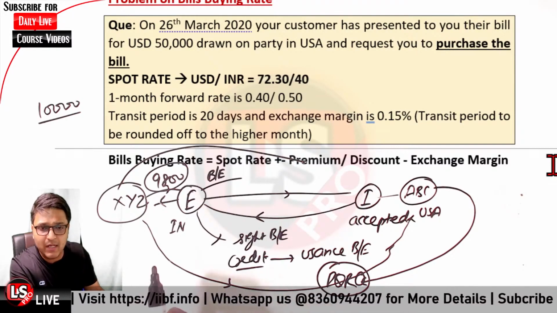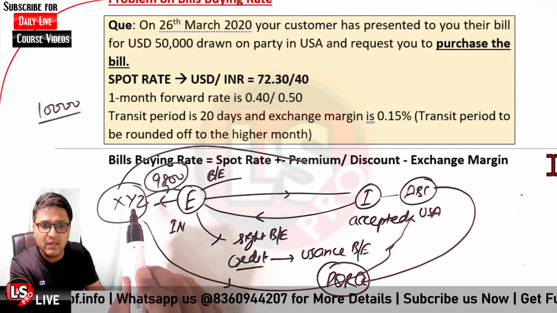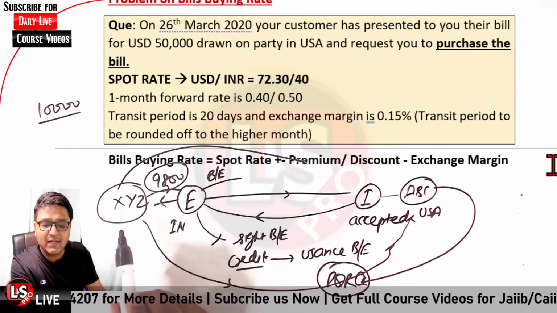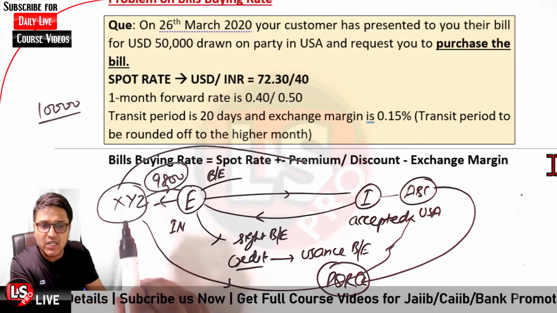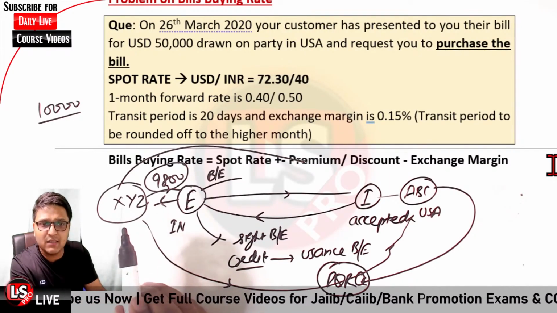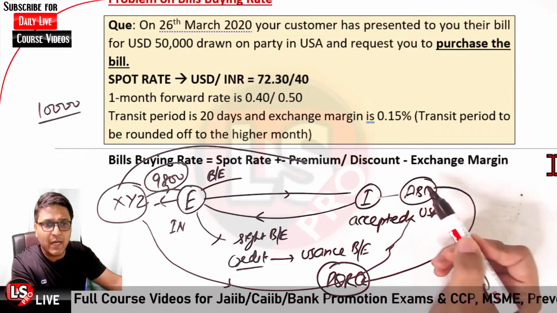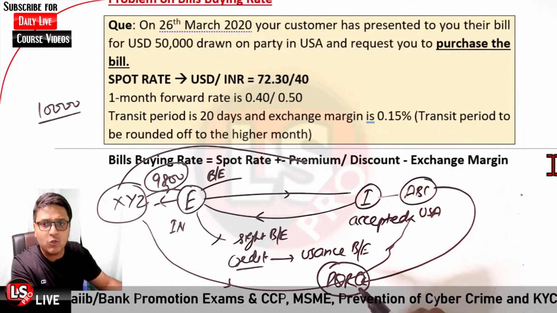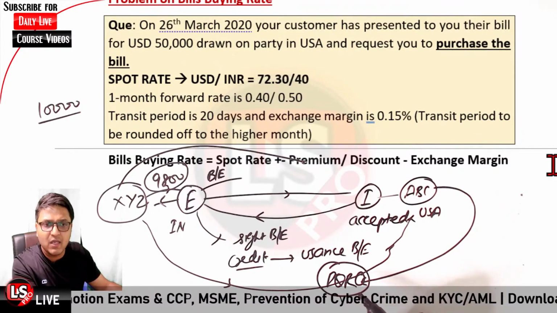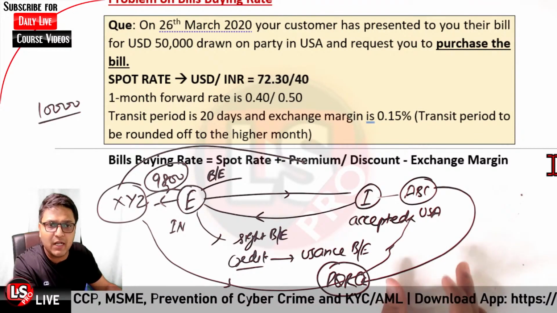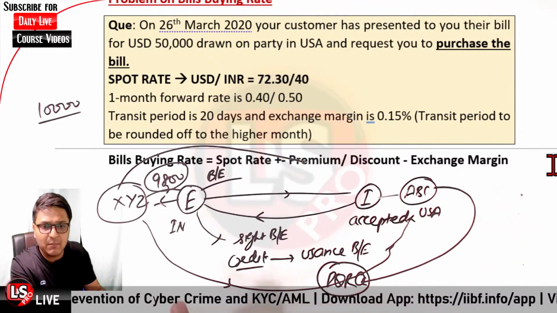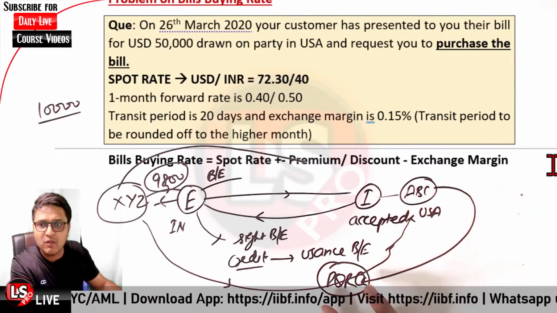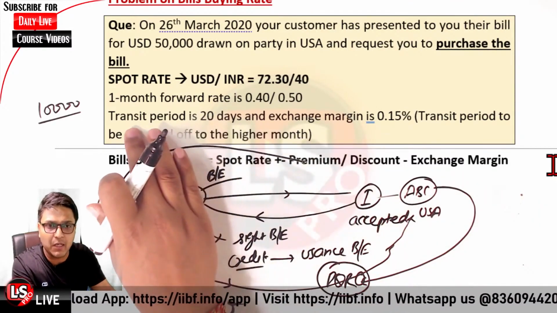So the time period between when the bill of exchange is presented by the exporter's bank and when the amount is paid by the importer's bank and credited to the nostro account of the exporter's bank is said to be the transit period.